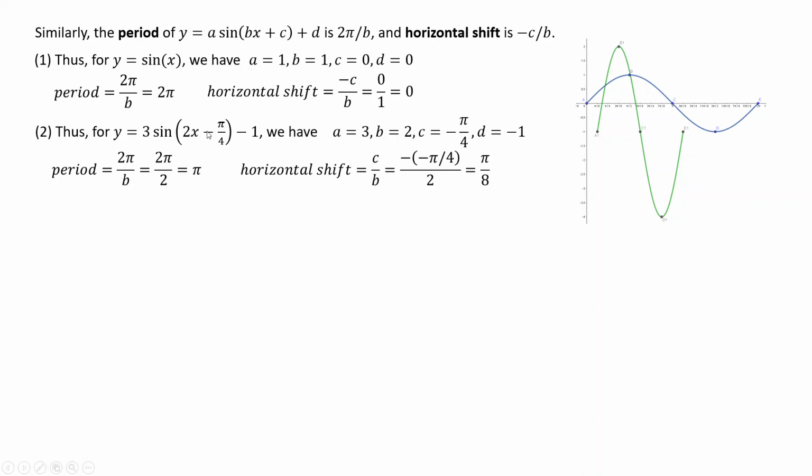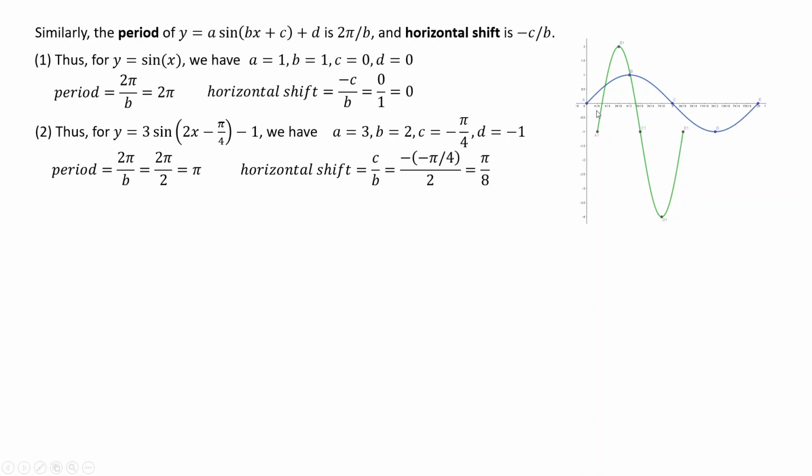Had we not had this minus pi fourths, this graph, the green one, would have started here at x equal to 0. But because we have a minus pi fourths, the whole graph would be shifted by pi over 8. And sure enough, what was supposed to be at x equal to 0 has scooted to the right.